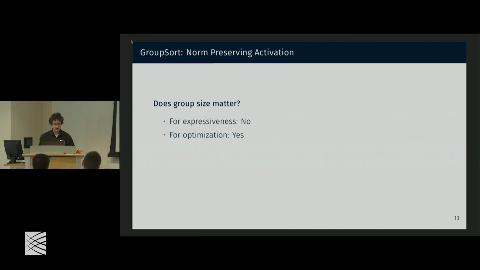Or if the activation sorts the whole thing, you can pick the weights of the previous matrix so that only pairs of units are comparable in size. So a single full sort operation can also represent max-min, which is the pairwise group sort. So in terms of expressiveness, there's no difference. But in terms of optimization, the answer is yes.